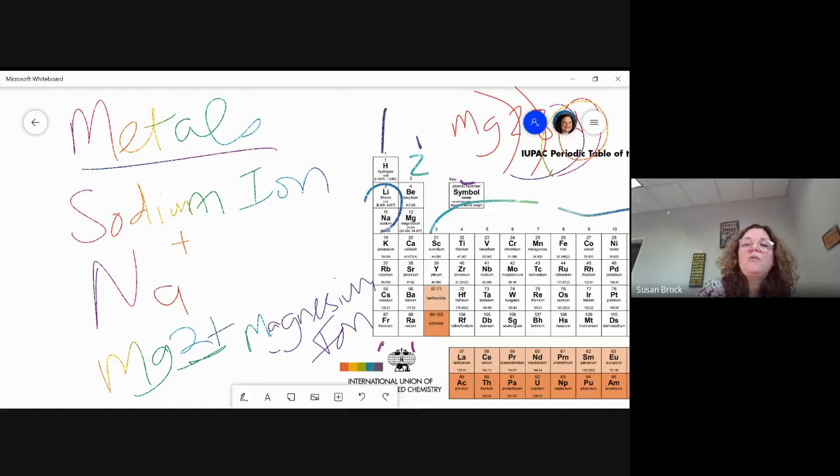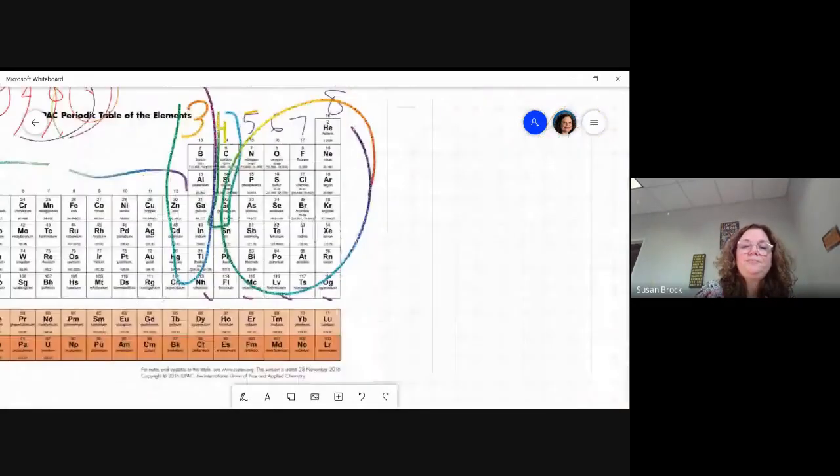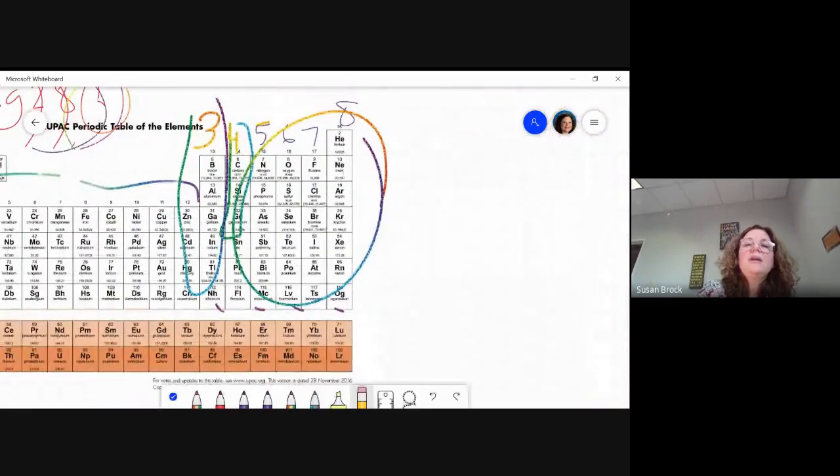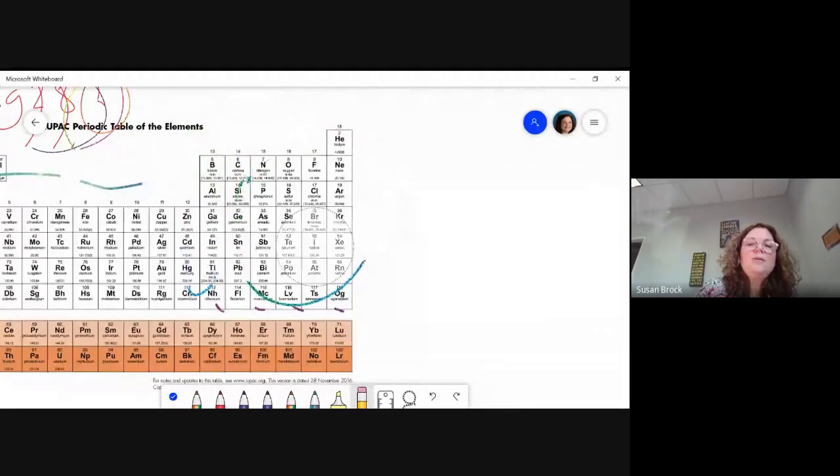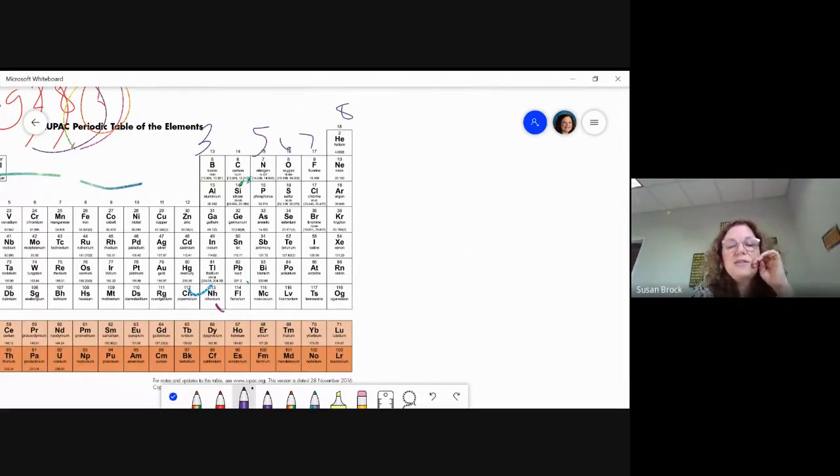Let's look at what the non-metals do. 5, 6, 7, 8. This is how many valence electrons they have. So if we have a non-metal, we have nitrogen here. It has 2 energy levels. The first energy level has 2.